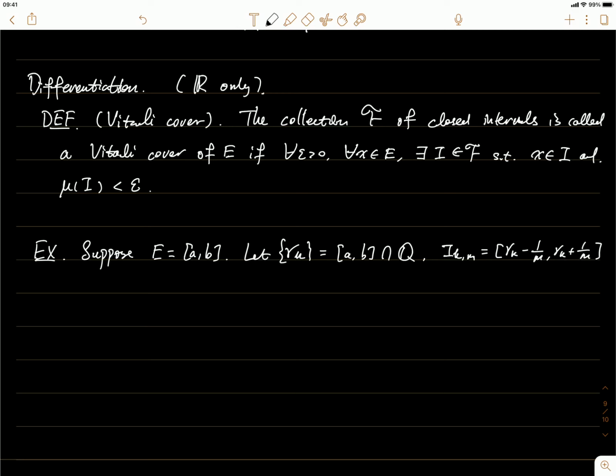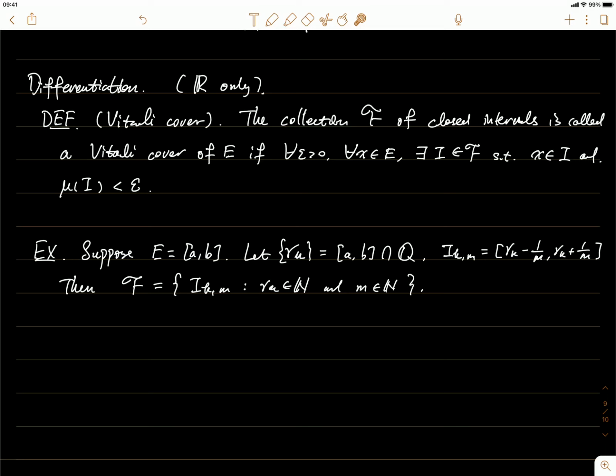Then you can see that F is a Vitali cover of E, where k is from N and m is from N. F is just all the intervals of this form: the center is a rational number, and the radius is 1 over m.